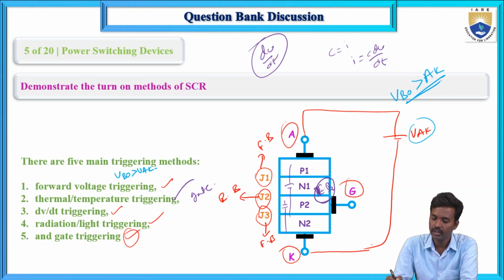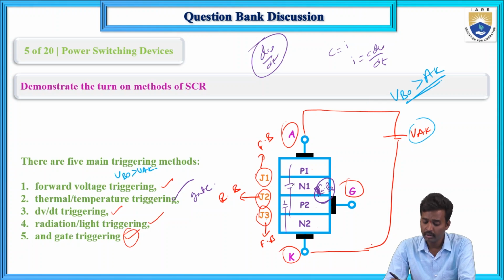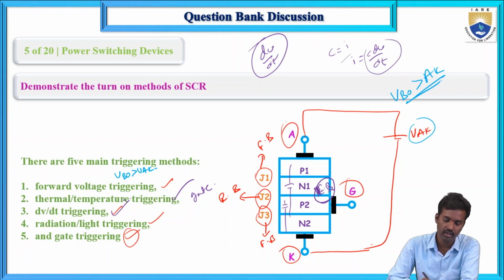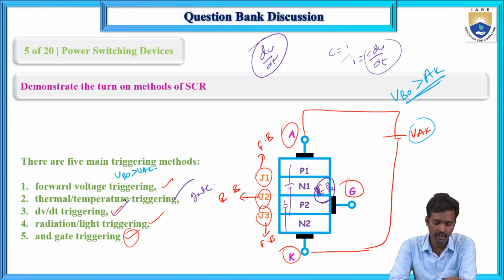So because of the change in voltages, there may sometimes be false triggering of SCR. A sudden change in the voltages may cause false triggering of SCR. So that is dV by dt triggering.